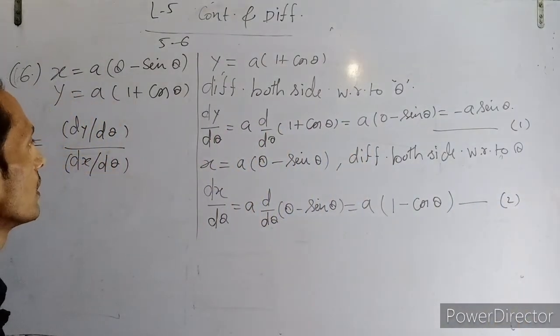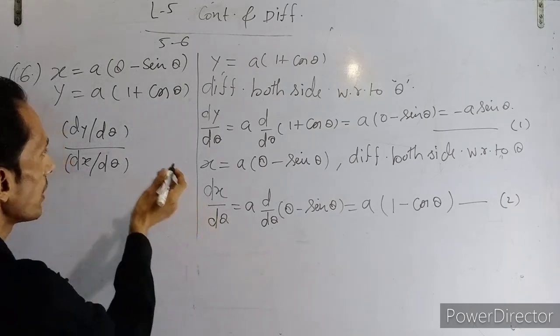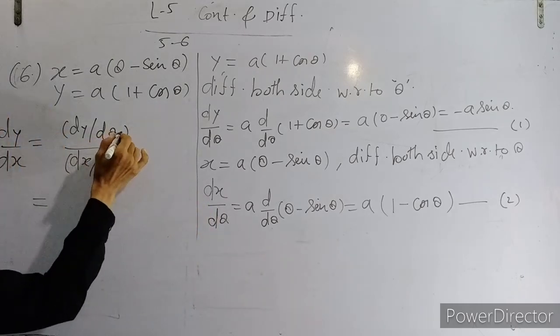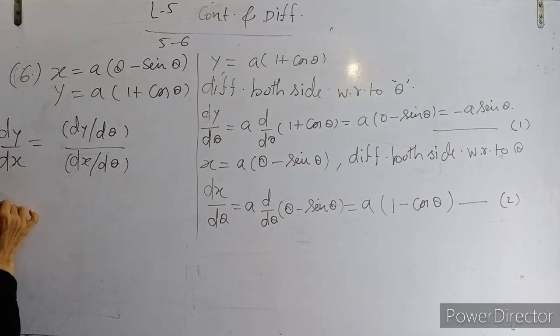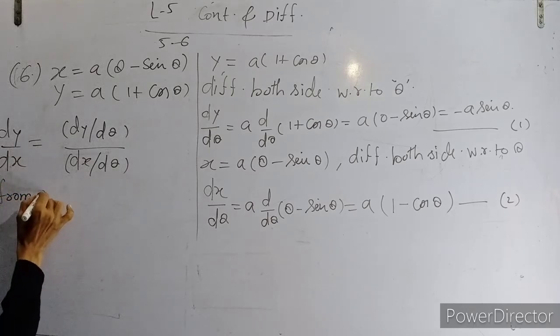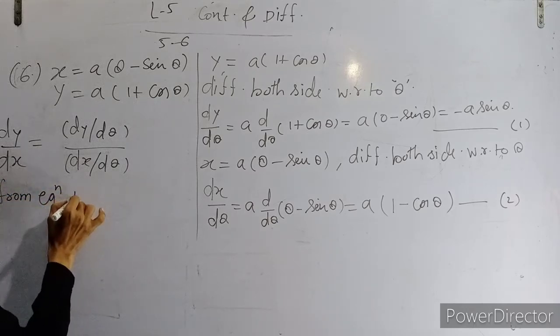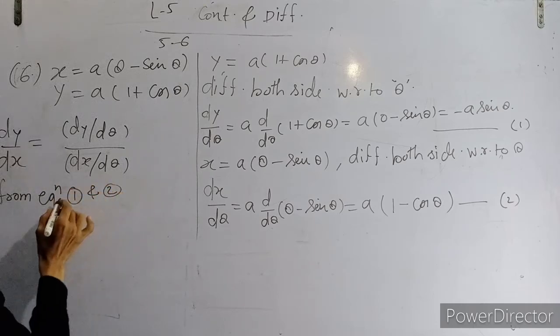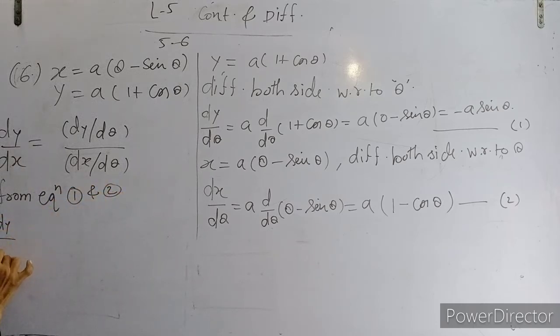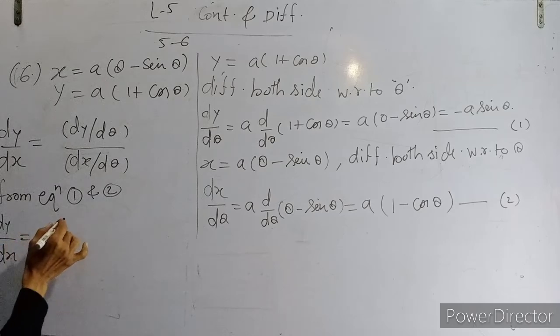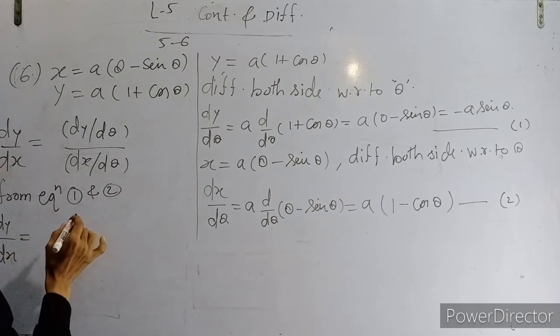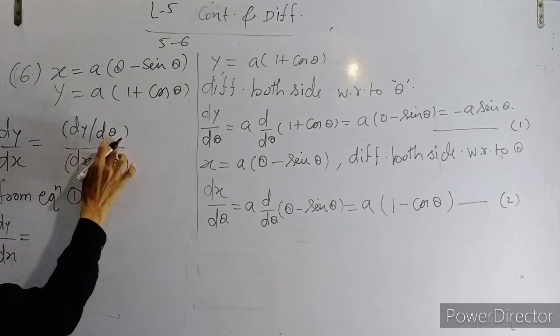Now what we have to do is put the values here in dy by dx. From equation 1 and 2, dy by dx equals dy by d theta upon dx by d theta. What is the value of dy by d theta?